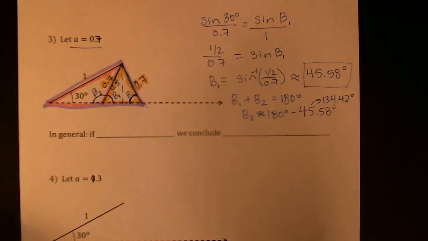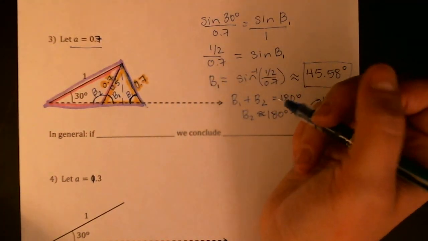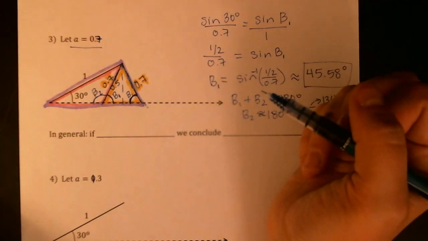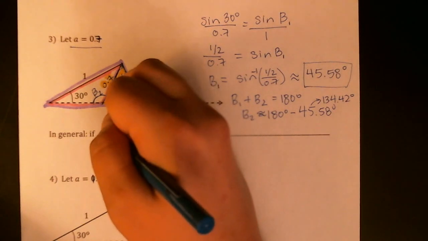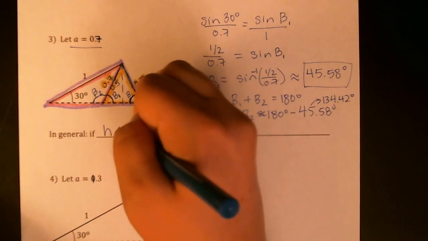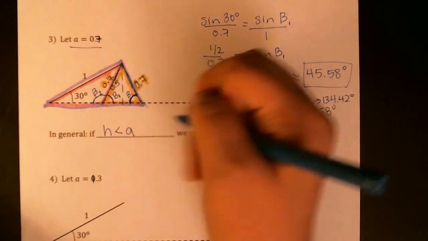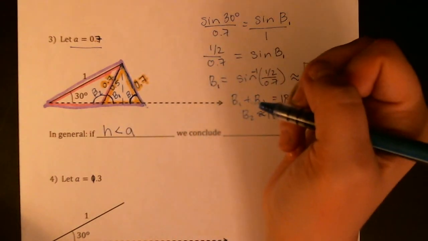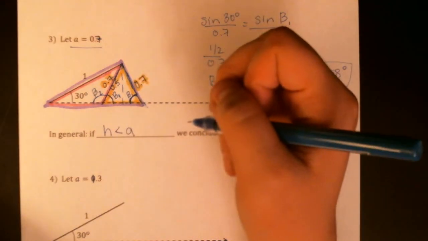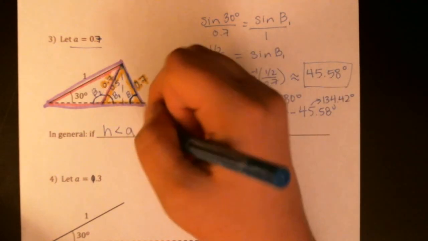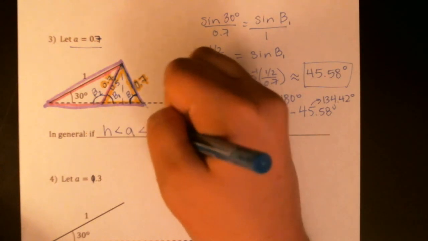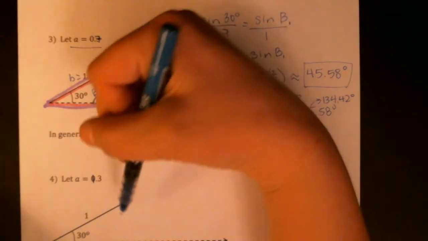In general, for this case we have to be specific, so I'm going to give you a little bit of extra information. This is definitely A bigger than H, so H is smaller than A, but we also want to make sure that A is smaller than B. If A gets bigger than B, that actually forces the last possibility down here.